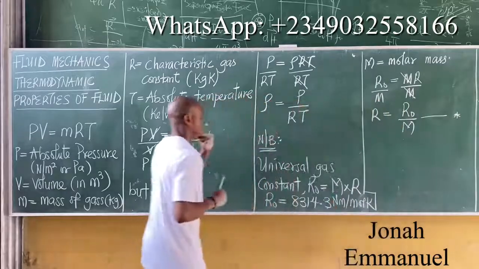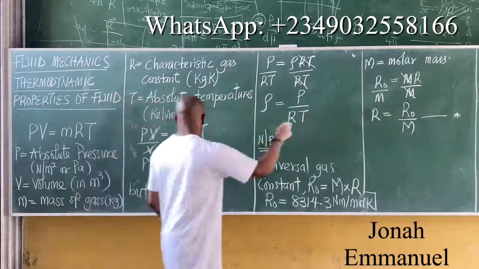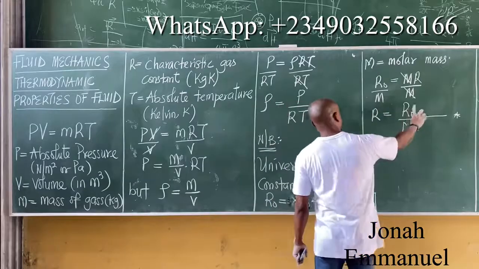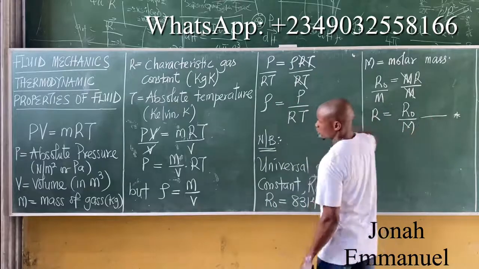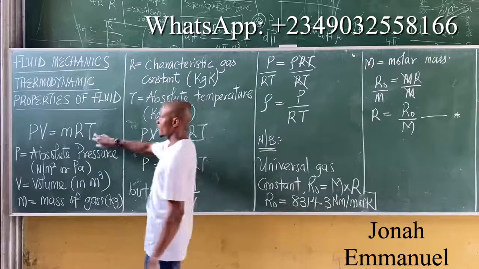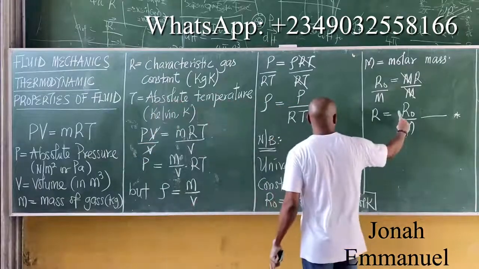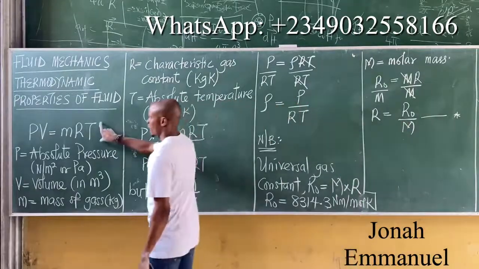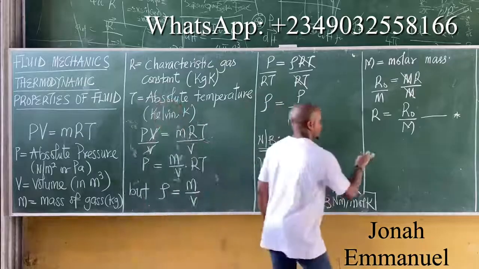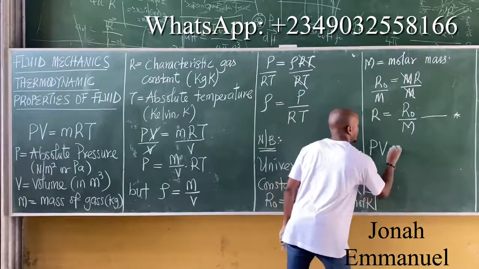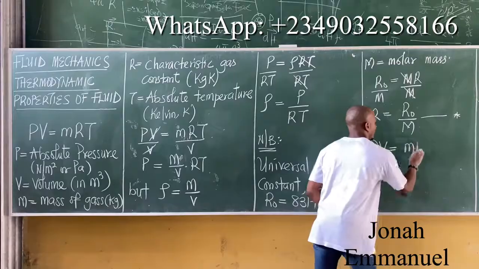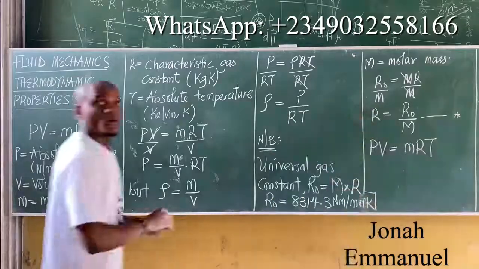Now, here's the idea. If I'm to impute this concept into my equation here, it will mean that PV, we said, is equal to mRT.